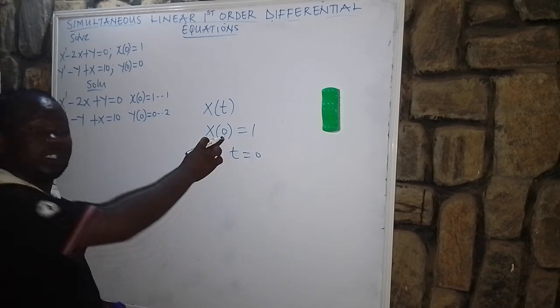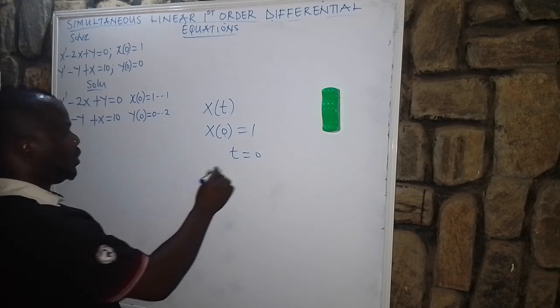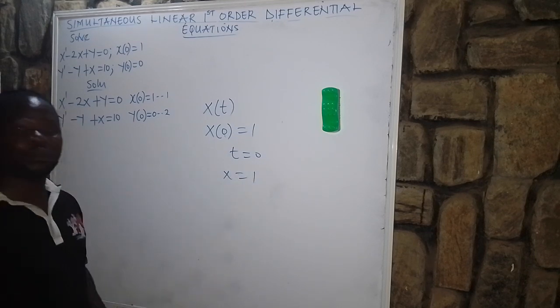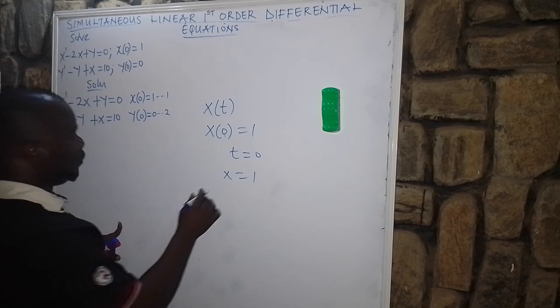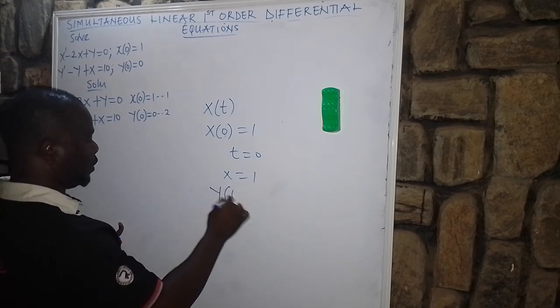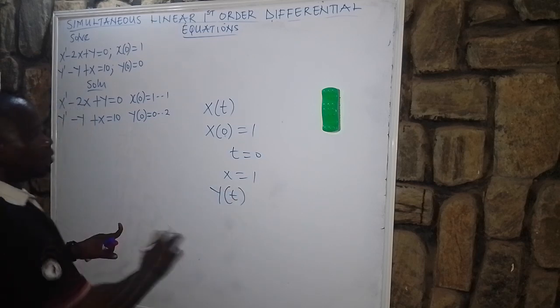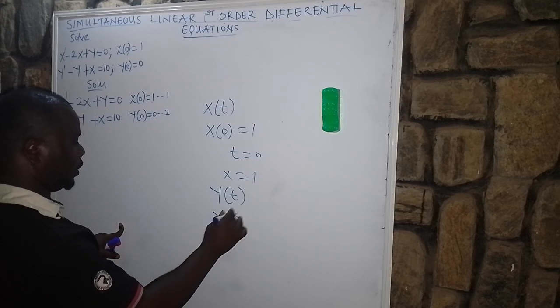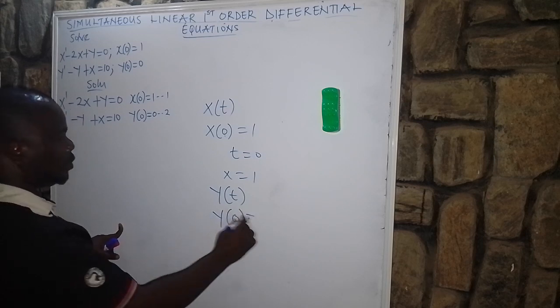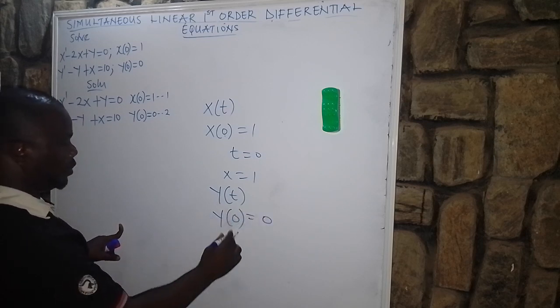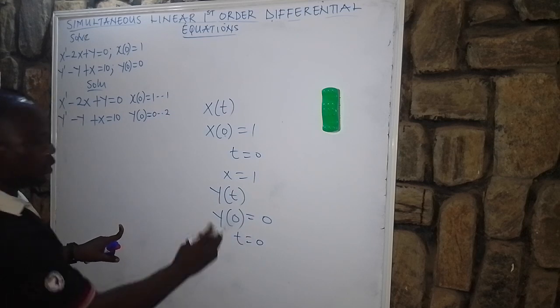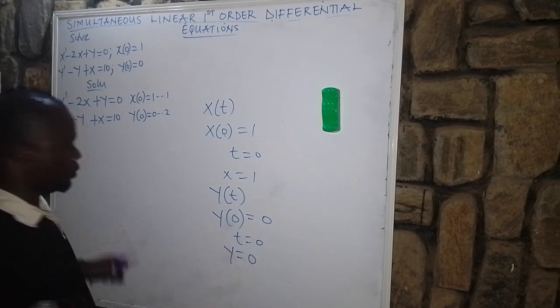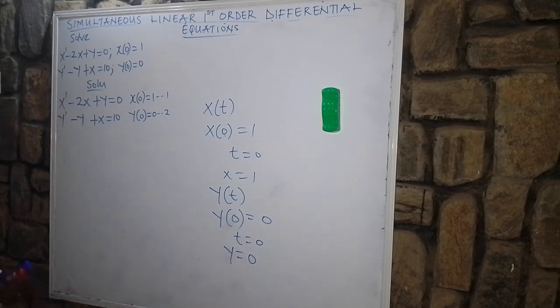That is why this place is 0, please take note, while your x is equal to 1. Are you following? But if we have y, this is y of t, and here we have y of 0 equals 0. It means here your t is equal to 0, and also your y is 0. Are you following? Take note.